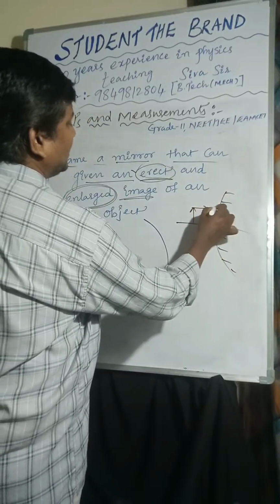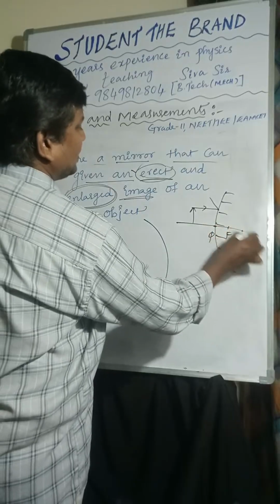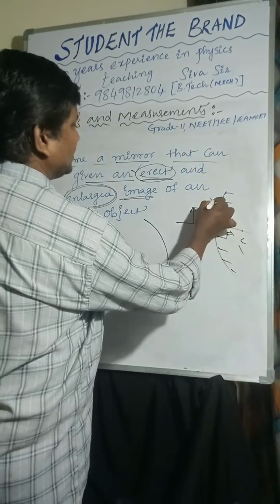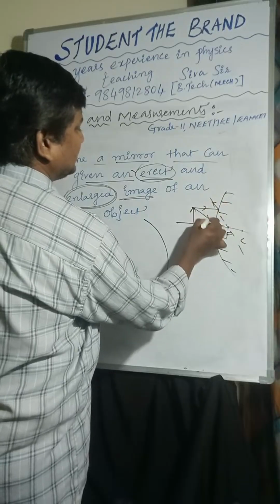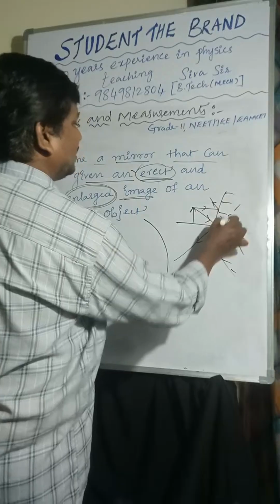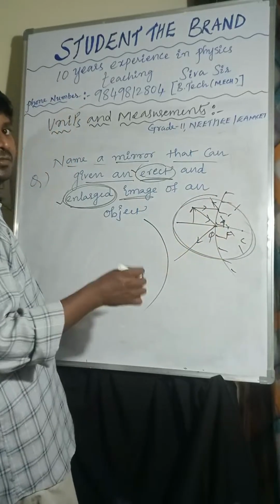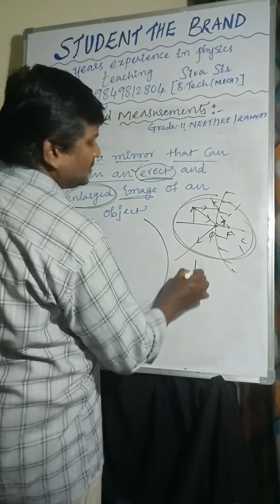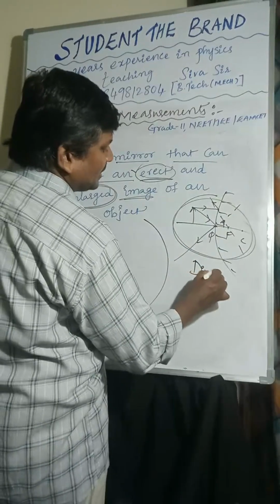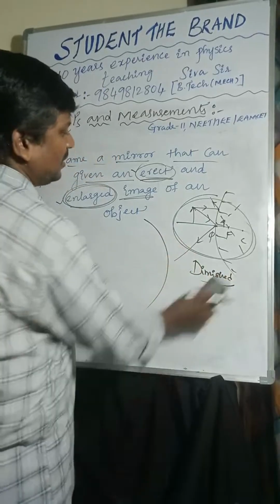One point is the object is at infinity. So I am taking pole, focus and center of curvature. One ray passes through focus and another light ray is incident at the pole. It will be reflected, so the image will form here. So in this case, the image is always virtual, erect and diminished, compared to here, in the concave mirror.